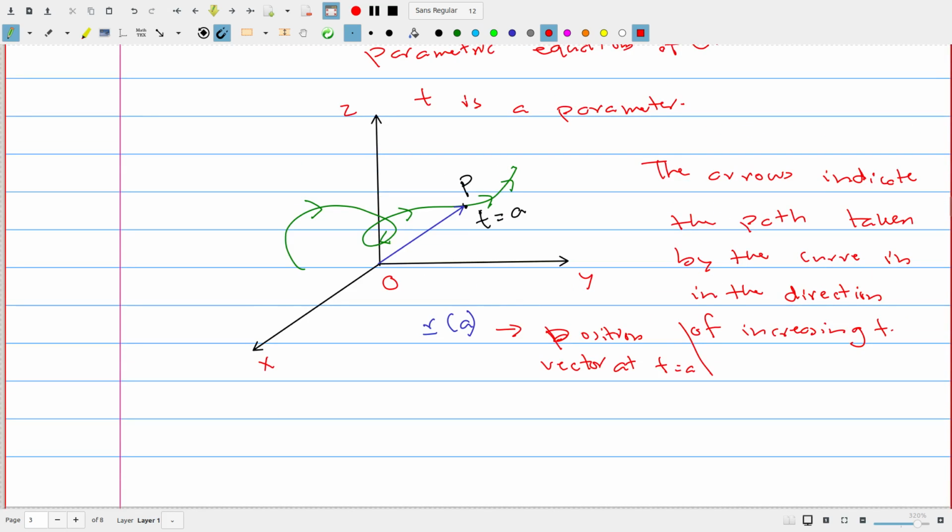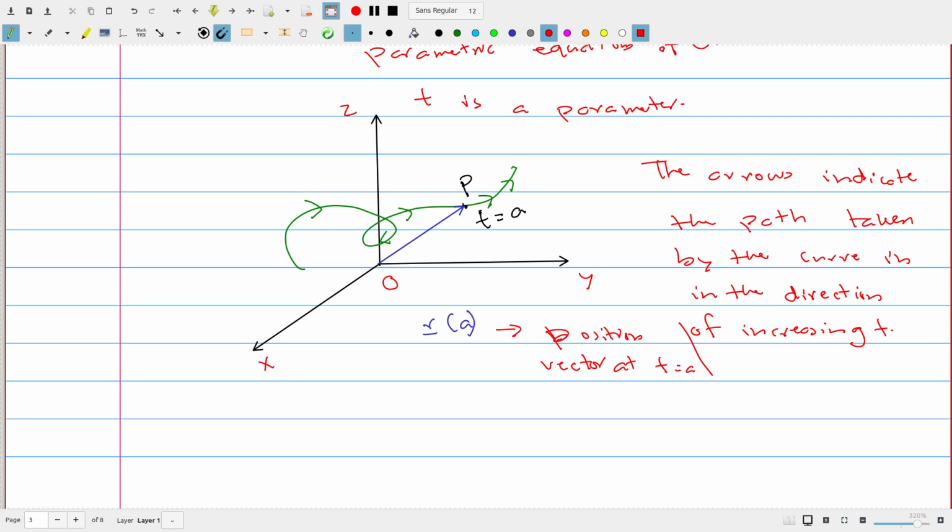So in order to follow around the particle, you'll have to know the position vector of the particle. The fact that I'm using t is of course quite instructive, because t in physics usually stands for time, right?